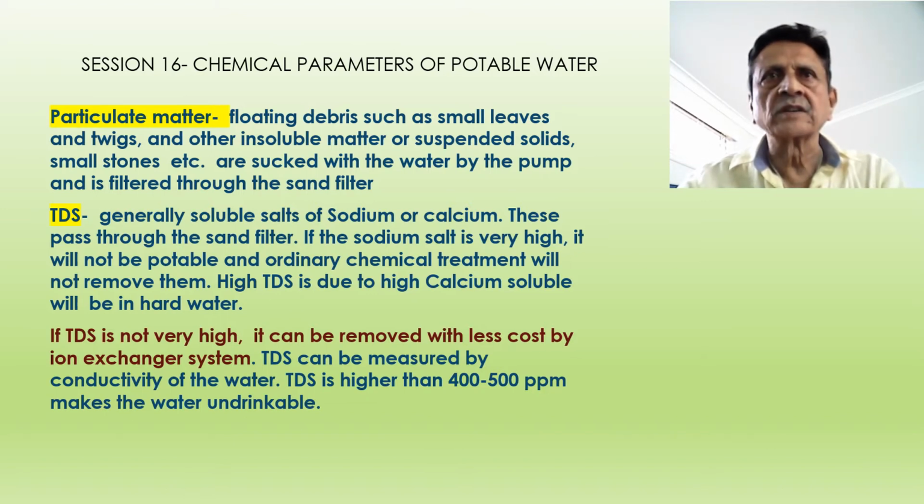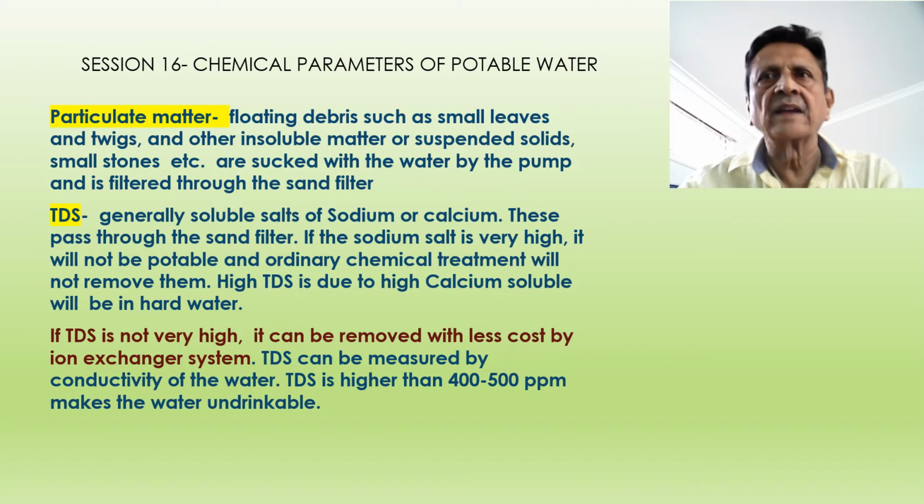Most drinkable water, the TDS would be between 0, which is very pure water, and up to 400 to 500 ppm of TDS. The taste of 500 ppm TDS will be very flat, and it's called hard water, whereas water which has got TDS below 50 ppm are generally soft water.